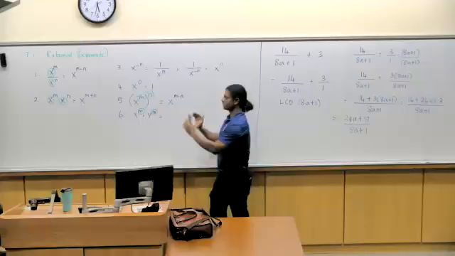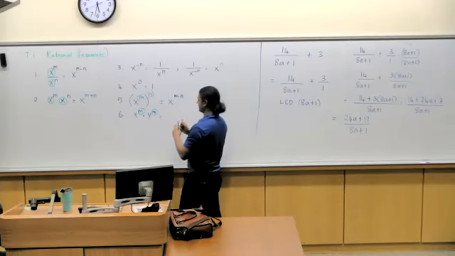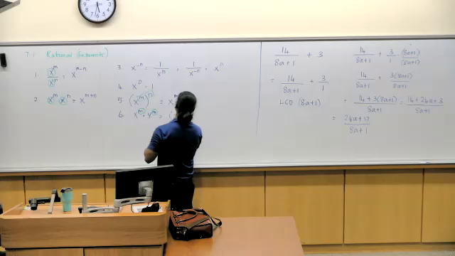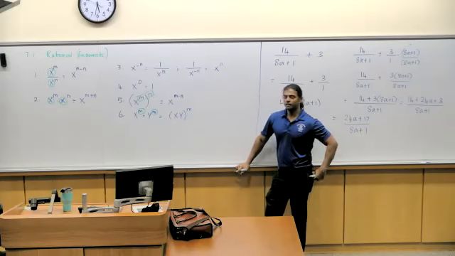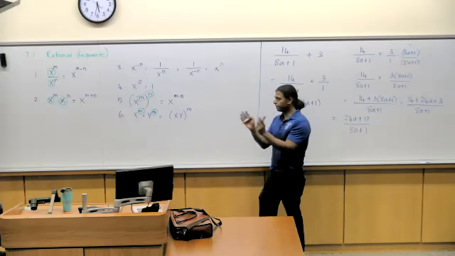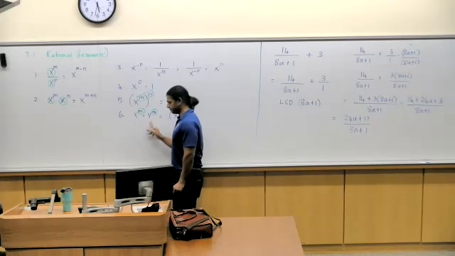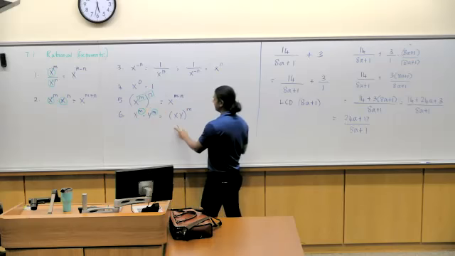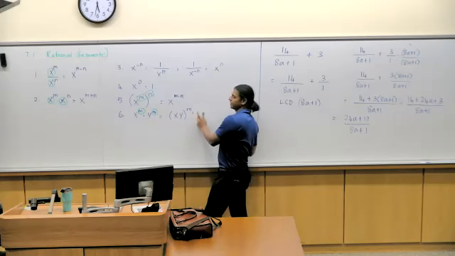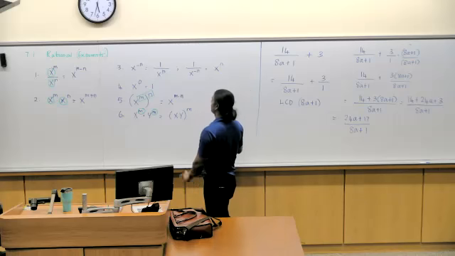So what I can do is simply combine them together and write it as xy raised n. So if you have two different bases but identical powers, you can simply combine the bases and raise it to that common power that you have.